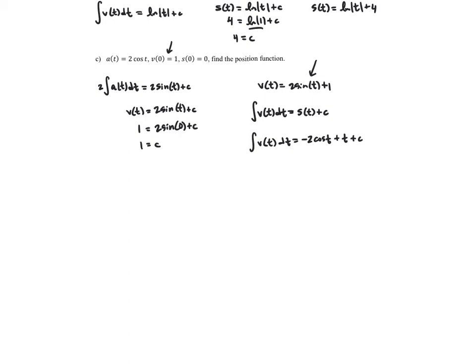Now consider that the derivative of cosine is negative sine, so the derivative of negative cosine is positive sine. The antiderivative of 1 is t, and of course we have to add our condition. Okay, so this is our position family function. Okay, and we have to satisfy 0, 0.